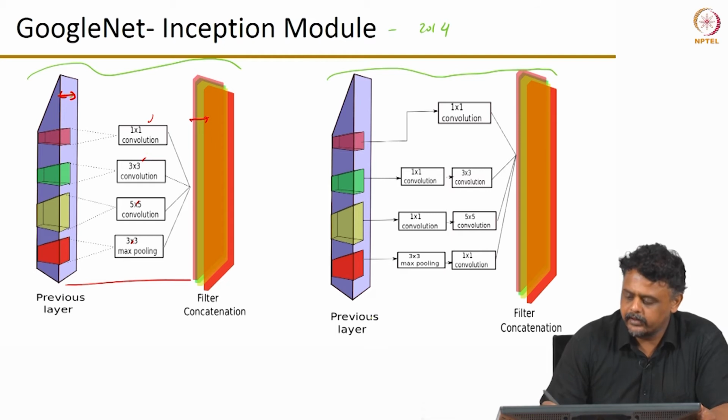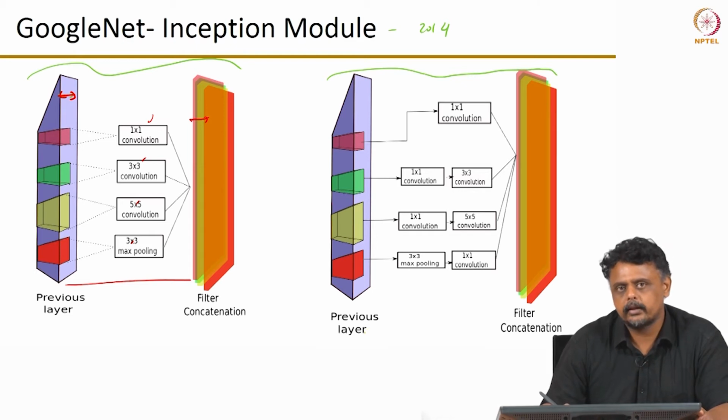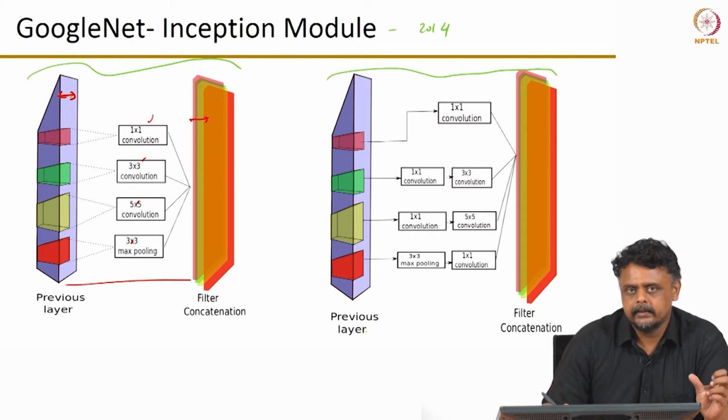The better implementation is to use 1 cross 1 convolutions to reduce the size of the feature maps. When I say size, in this context it is the depth of the feature maps.